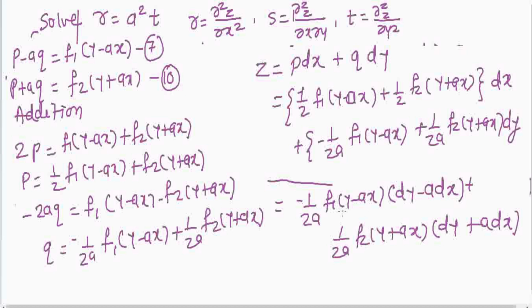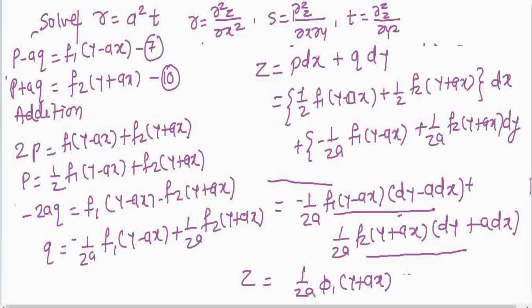This is a derivative of another function, and we write that function as another function. This is the first term, and we have here 1 divided by 2a phi 1 of y plus a into x, and minus 1 divided by 2a phi 2 of y minus ax.